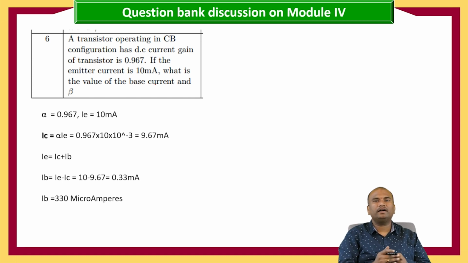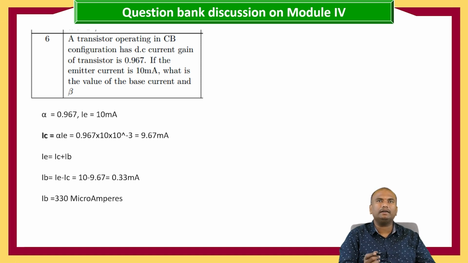Here the configuration given is common base, and the DC current gain is nothing but the ratio of collector current to the emitter current, which is our alpha value. Alpha is given as 0.967 and the emitter current is given as 10 milliamperes.